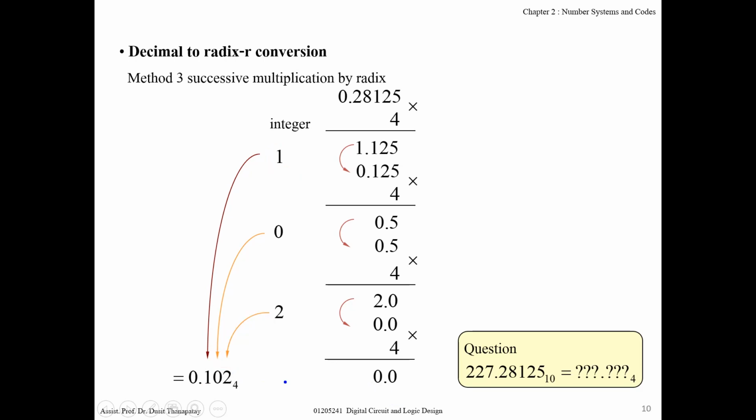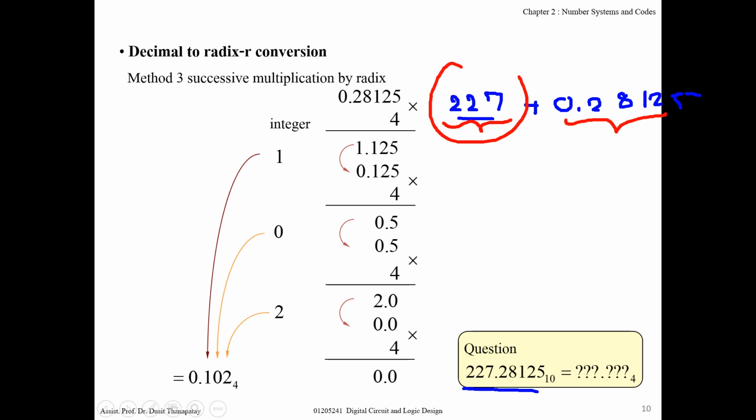Now if I want to calculate this one, what should you do? It's not only an integer, and it's not a fraction less than 1. How to calculate this? Yes, you can separate it into the integer plus some fraction, and you use successive division for this part and successive multiplication for this part.